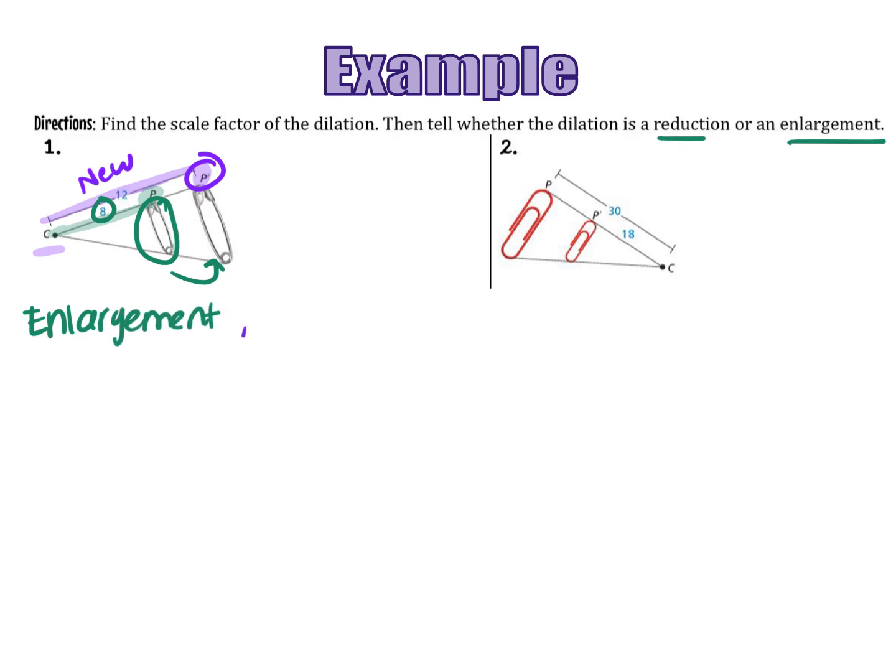And then to find our scale factor, we're going to take our new length, and we're going to divide it by our old length. And then as always, we're going to simplify our fractions. We can divide both 12 and 8 by 4, which is going to give us 3 over 2. Notice this number is greater than 1, which makes sense since we learned that if our scalar is greater than 1, we have an enlargement.